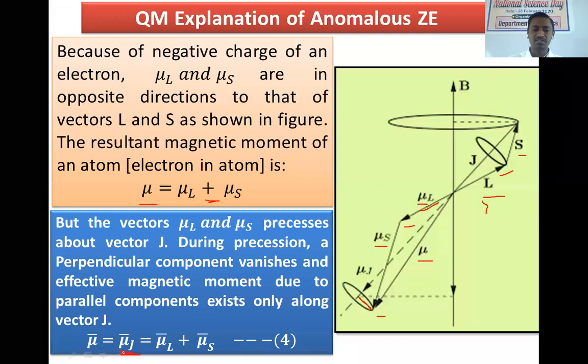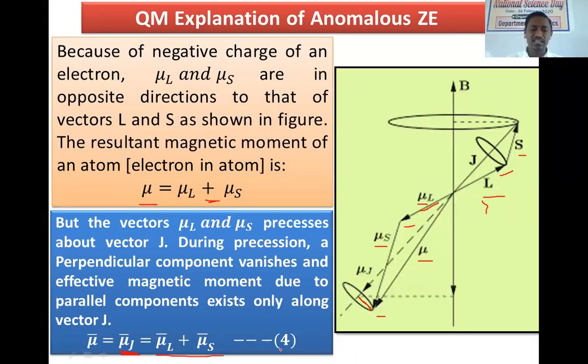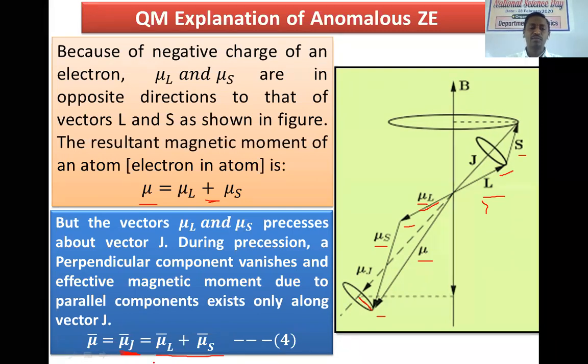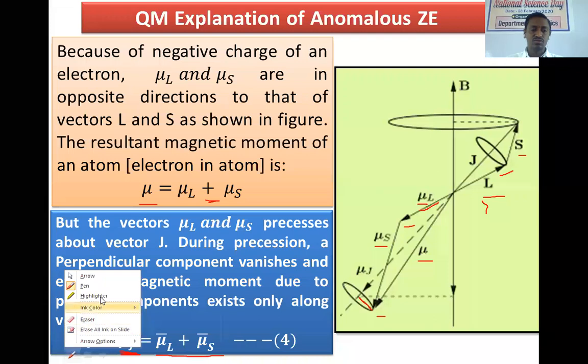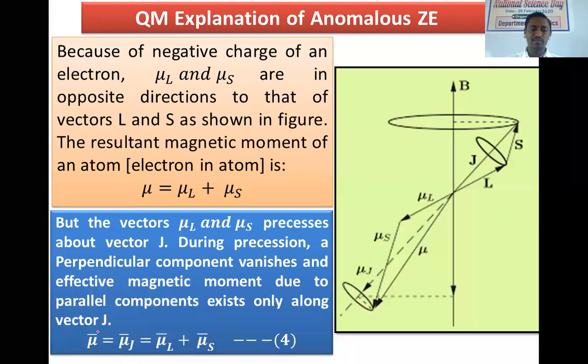Here mu J refers to the resultant considering parallel components of mu only. Therefore mu J equals mu L bar plus mu S bar. That is our equation number 4. For further calculations we can use the resultant magnetic moment as mu J. So it is about the resultant magnetic moment.